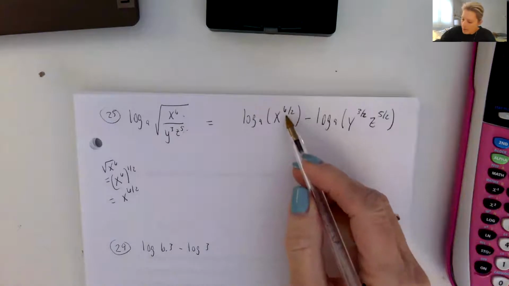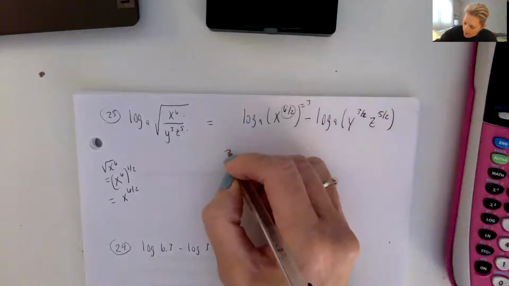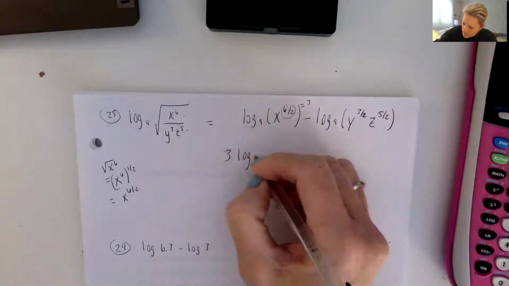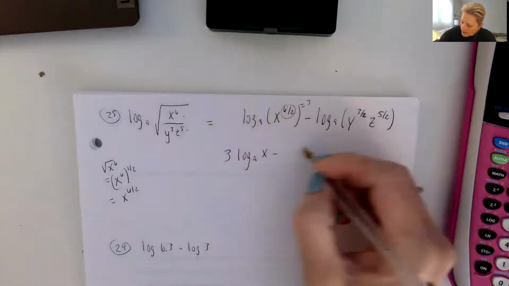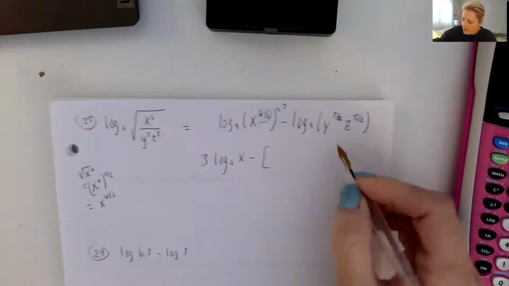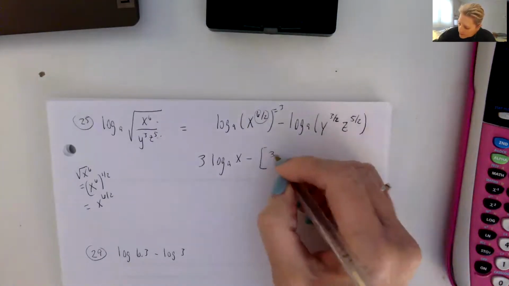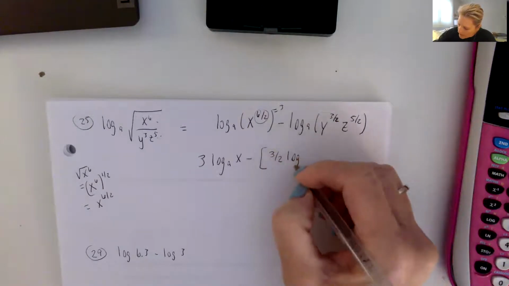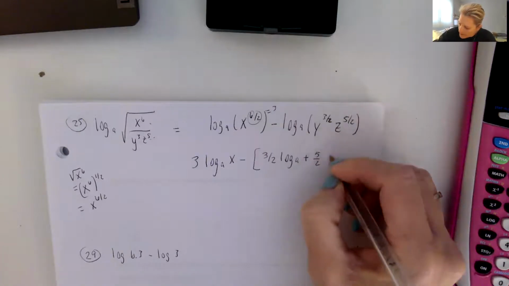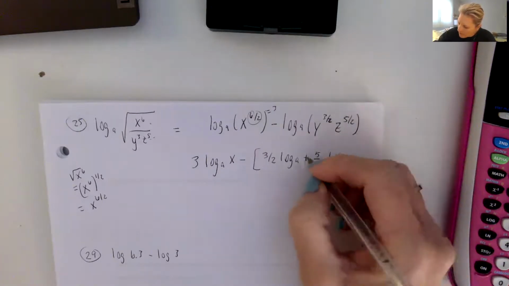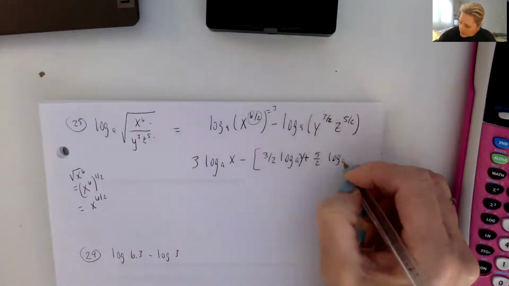Then 6 halves is equal to 3, so I'm going to bring that power out in front. And then this is subtracting, and because there's a quotient inside here, I'm going to have to separate them. So we're going to distribute this subtraction in a minute. So this will be 3 halves log base a of x plus 5 halves log base a of y plus 5 halves log base a of z.